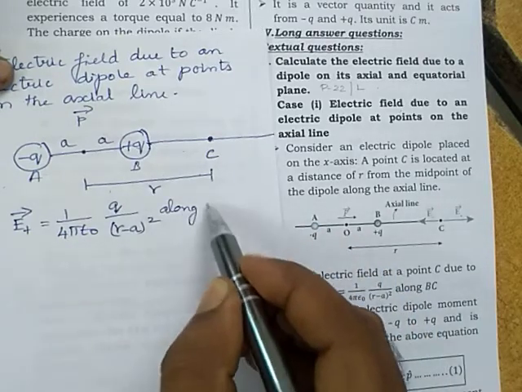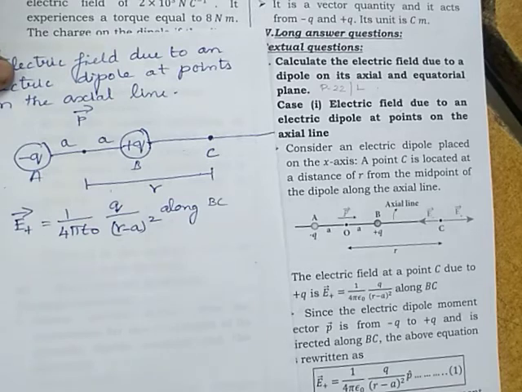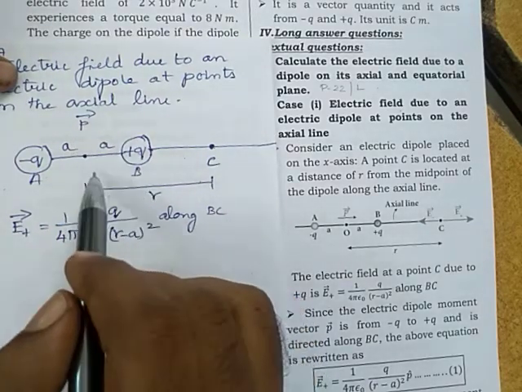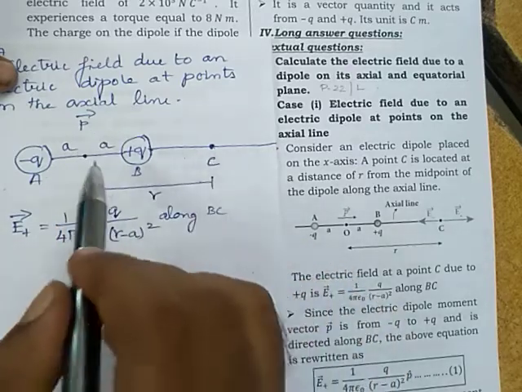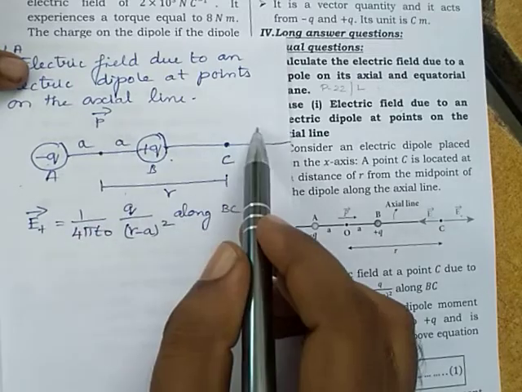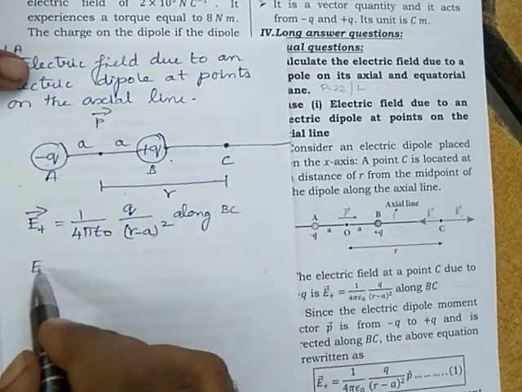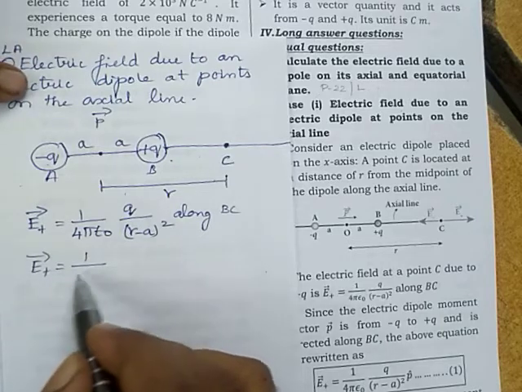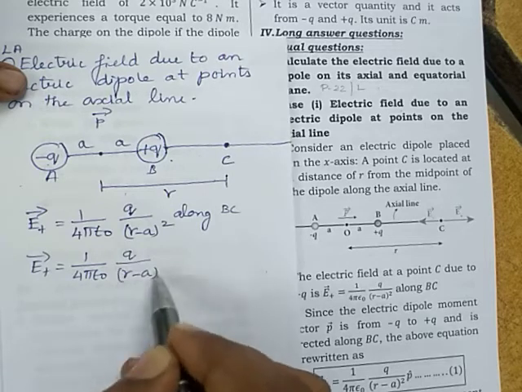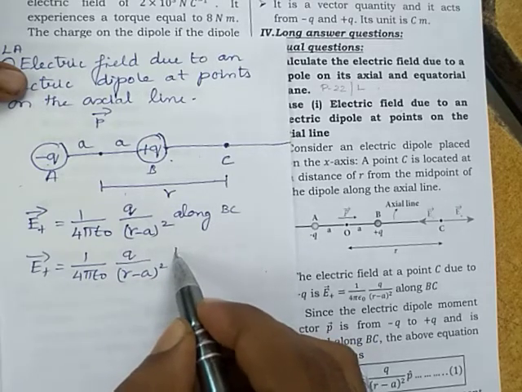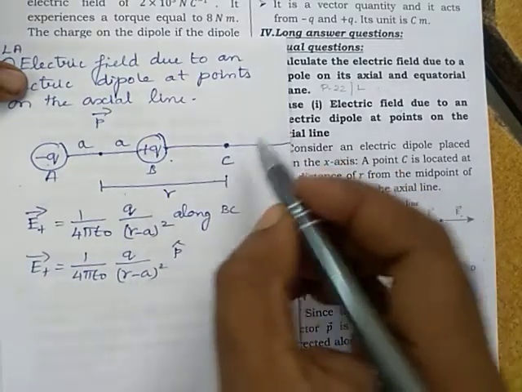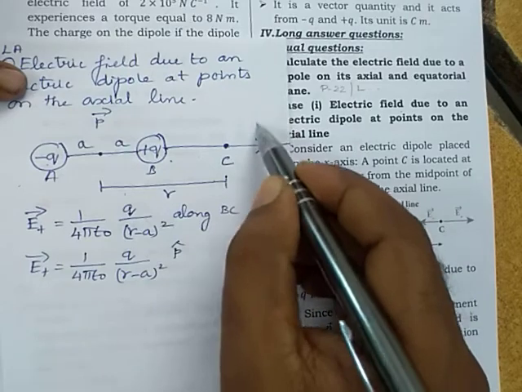The dipole moment is also from negative to positive, so it is in the direction of BC. So I write E plus vector is equal to 1 by 4 pi epsilon naught q by r minus a whole square, p cap. This electric field is E plus.